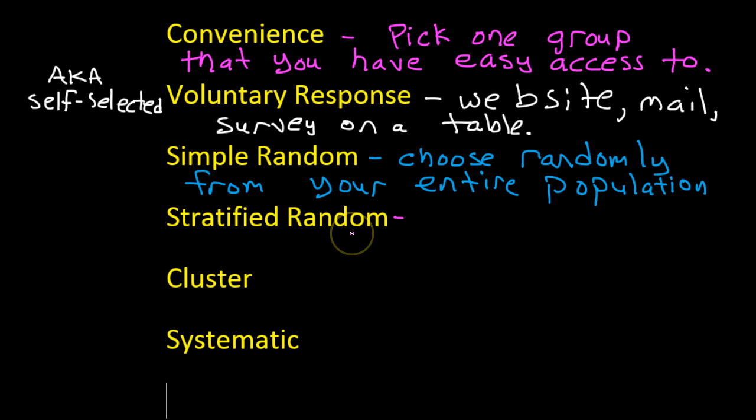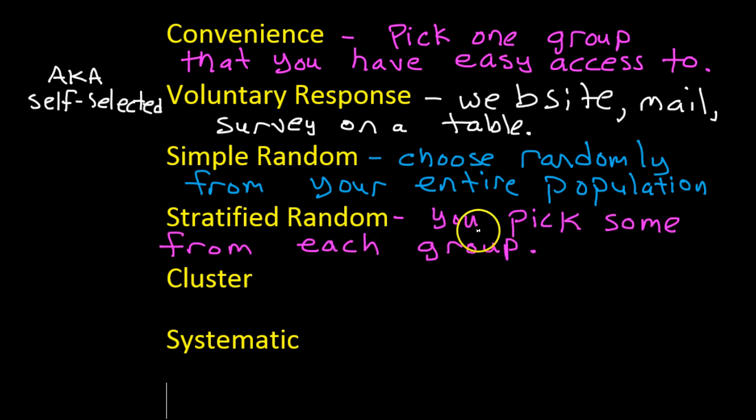On the other hand, you could do it by types of people. We have freshmen, sophomores, juniors, and seniors. If I pick 20 freshmen, 20 sophomores, 20 juniors, and 20 seniors randomly, 20 of each kind, then that would also be stratified random. So if you pick some from each group, that's stratified random.